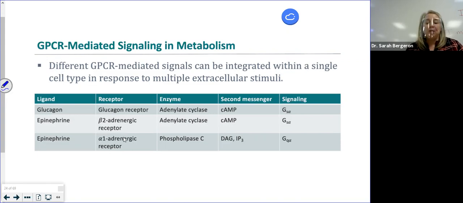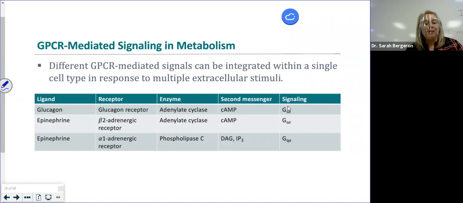Each of the receptors is going to activate different downstream targets. So the glucagon receptor activates adenylate cyclase. Same thing with the beta-2 adrenergic receptor. So if you activate the same enzyme, you're going to create the same second messenger, right?